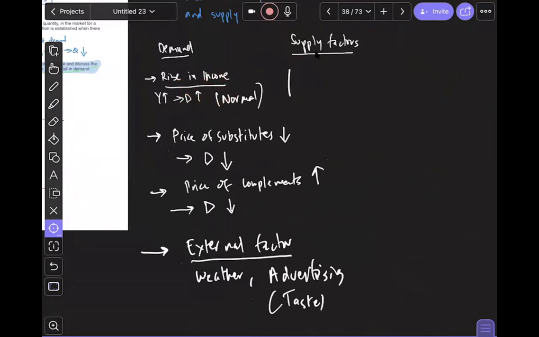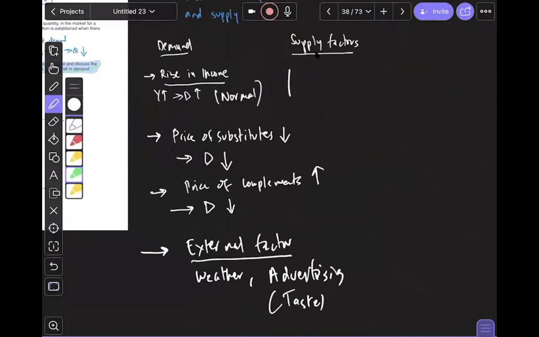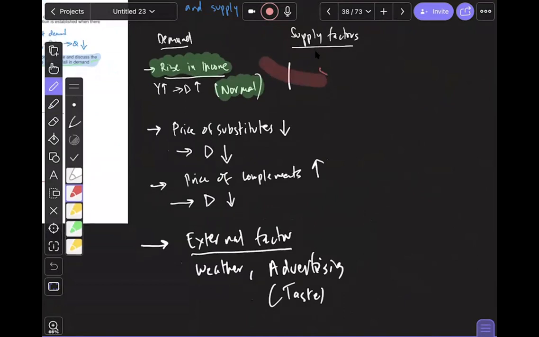No. So you talk about this, that you don't have the power to change the income of consumers. What you can do is that if your good is normal in nature, you can make an inferior substitute to it. But otherwise, you don't have much power. So unless you're making a normal good, you don't have too much influence.